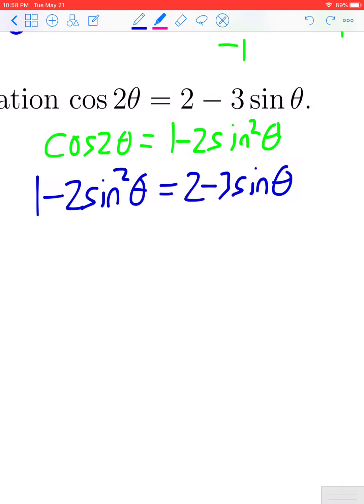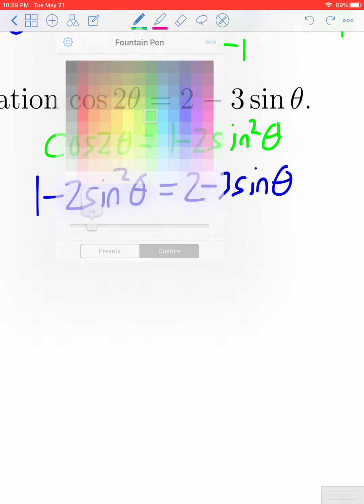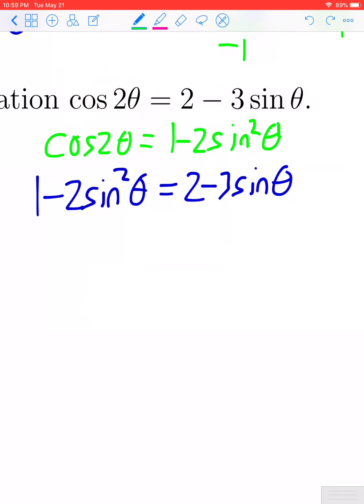To solve it from here, we notice that it's actually a quadratic equation in the variable sine theta. So we're going to bring all of the terms to one side and set one side equal to 0. In order to do that, let's make the left-hand side 0. I'm going to subtract 1 from both sides. And in addition, I'm also going to add 2 sine squared theta to both sides.